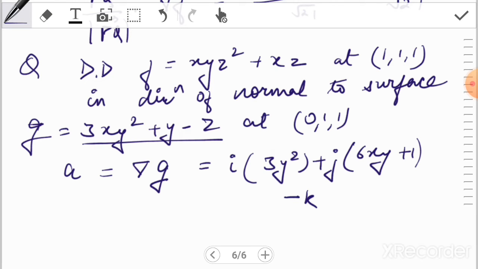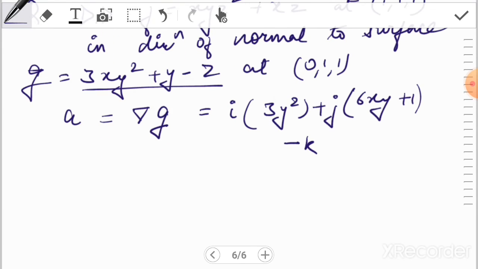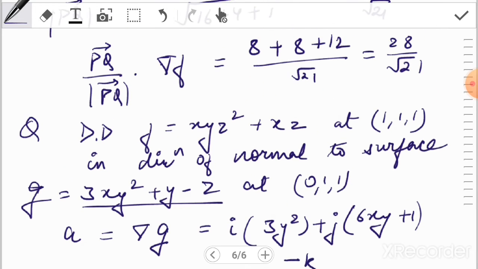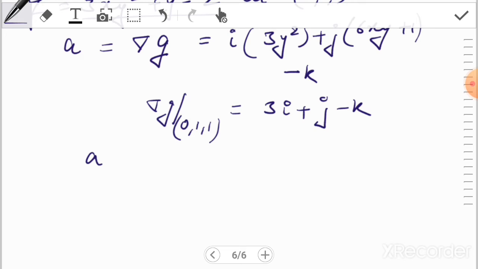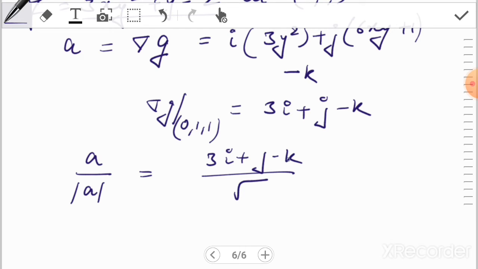So if we put the value, the given point is (0, 1, 1). So at the coordinate (0, 1, 1), we have 3i plus j minus k. So A by magnitude of A is 3i plus j minus k by root under 9 plus 1 plus 1, 11. Okay.